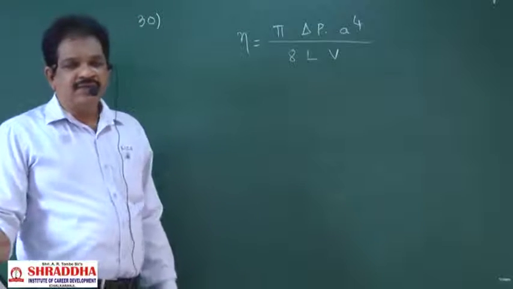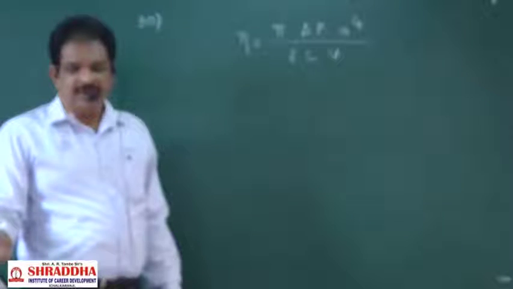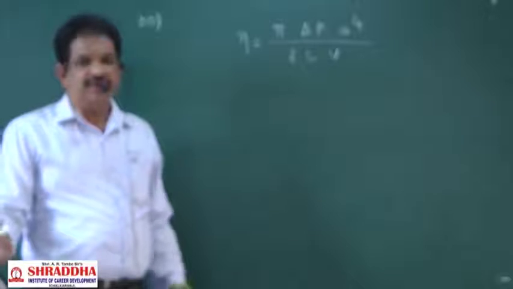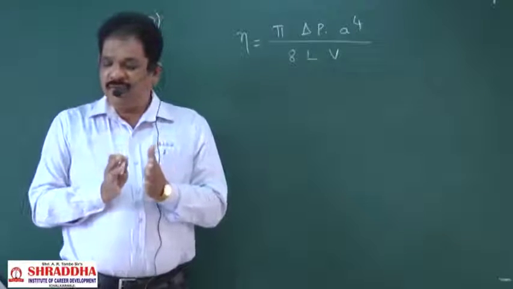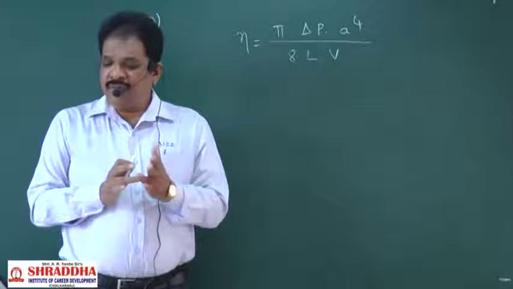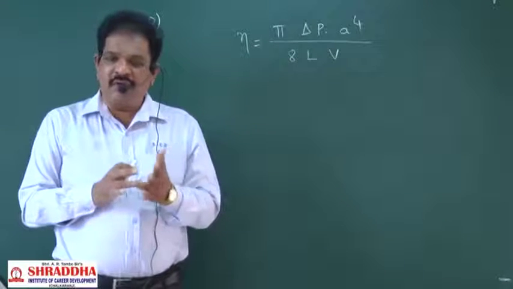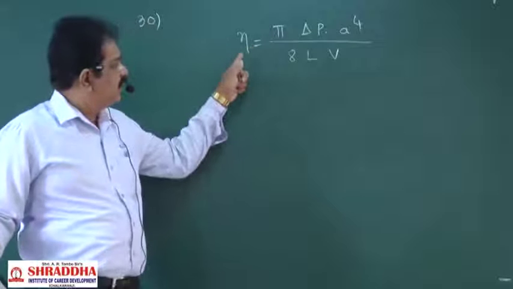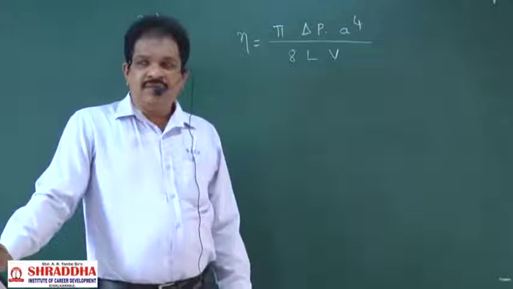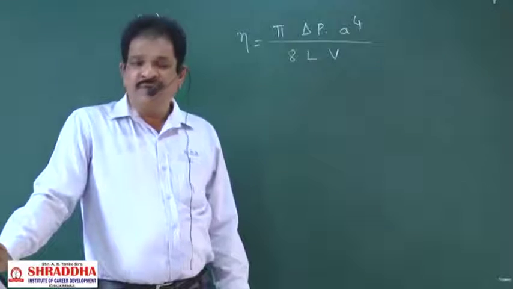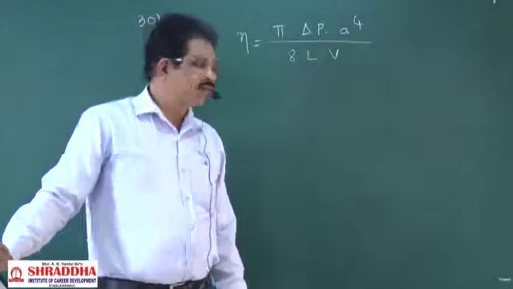In this, which quantity will be measured more accurately to have minimum error? And in the measurement of η, which will contribute more error?